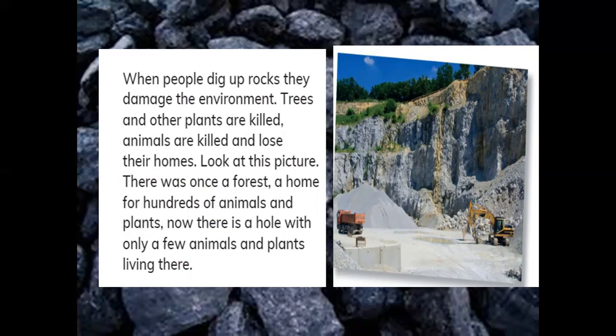So what happens, many of the animals they lose their houses, and even the environment of the place changes because there are not many trees that provide oxygen, and that makes the atmosphere of our environment healthy. So when we are cutting down trees or we are digging up rocks, we are damaging our environment.